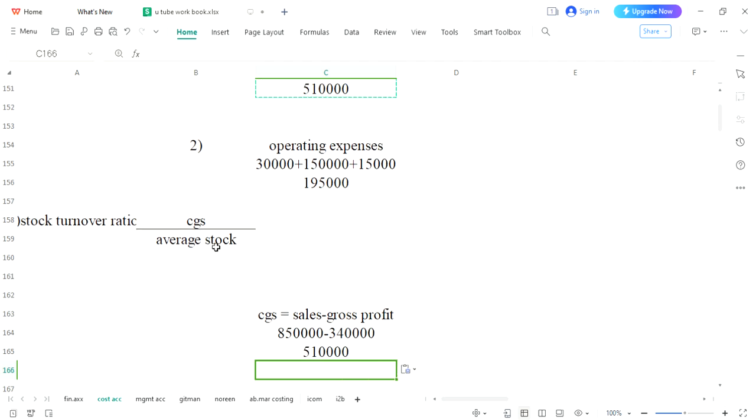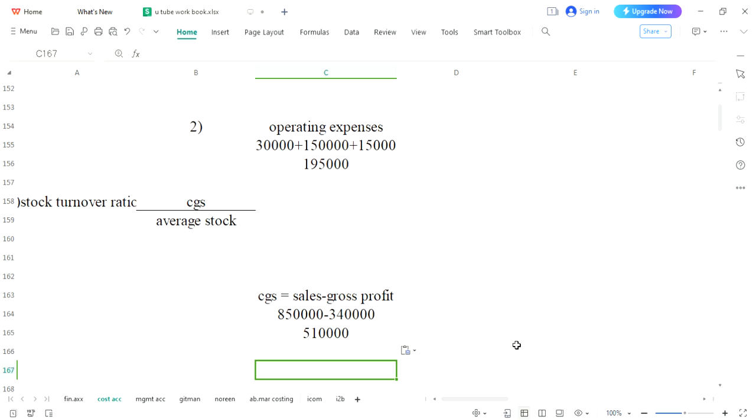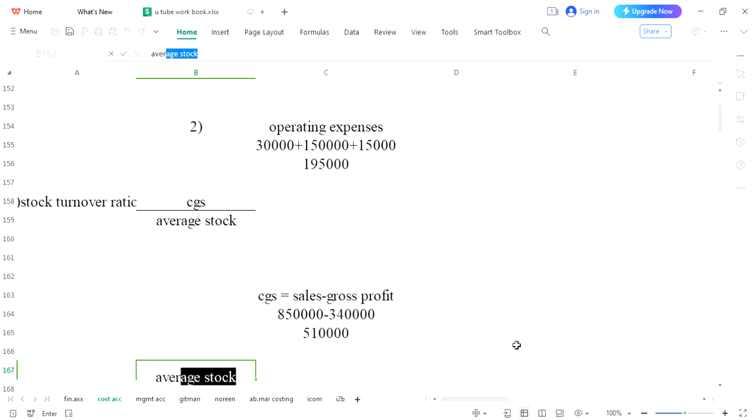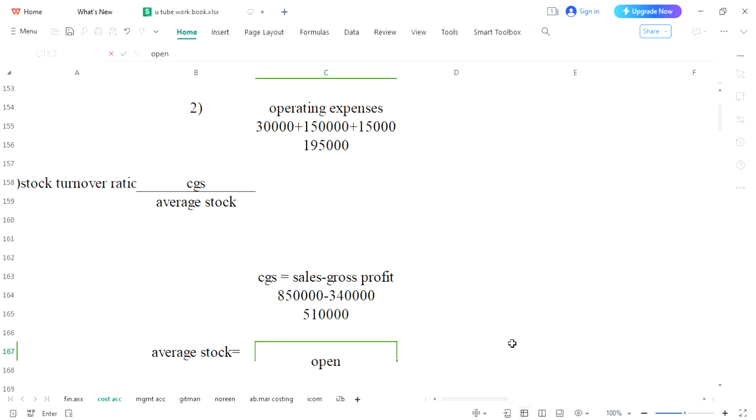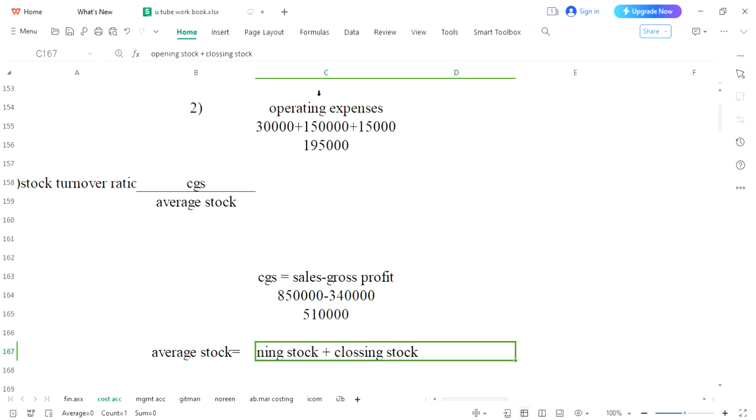Now we need to calculate average stock. And for average stock, you need to have opening stock, then you will add your closing stock, and this opening and closing stock would be divided by 2.